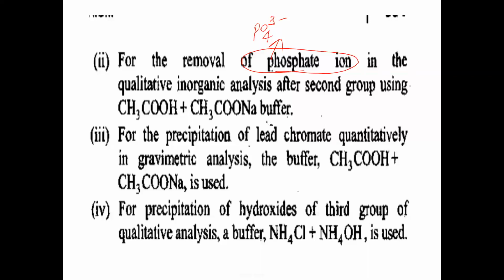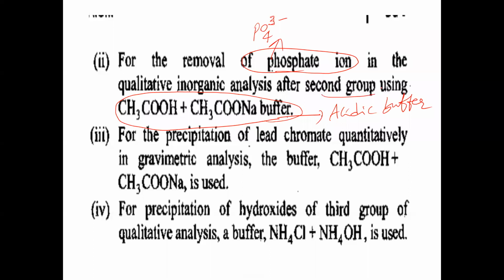Which buffer is it? A weak acid plus its salt is an acidic buffer. So the acetic acid plus sodium acetate buffer is used for the removal of phosphate ions.